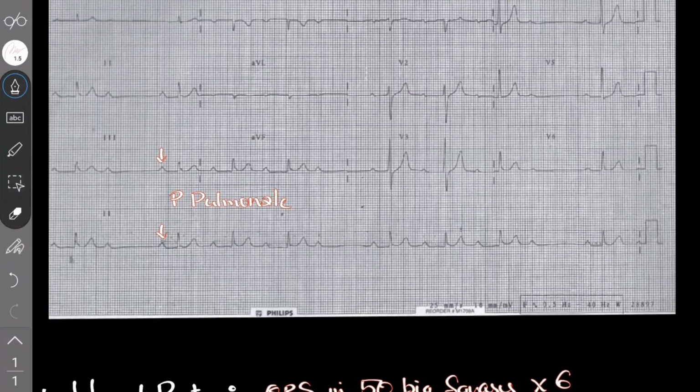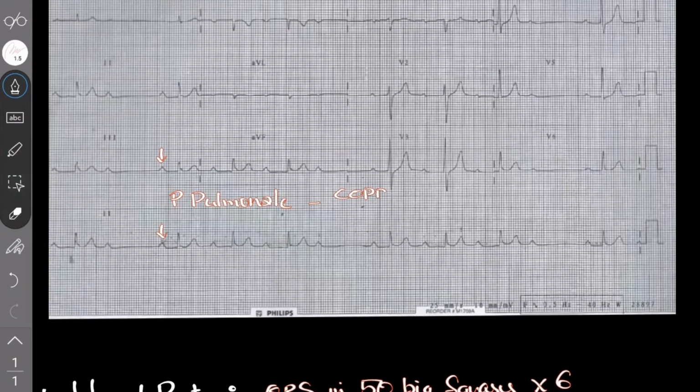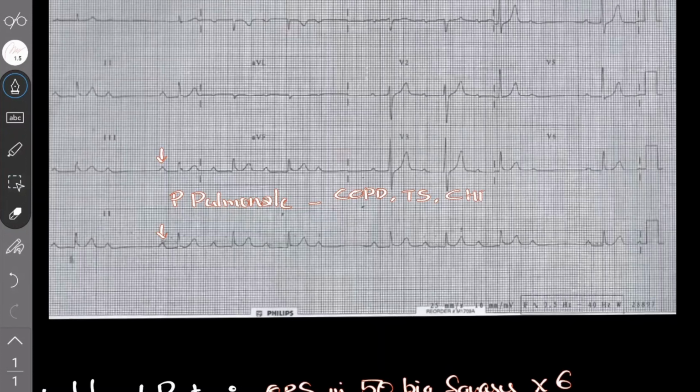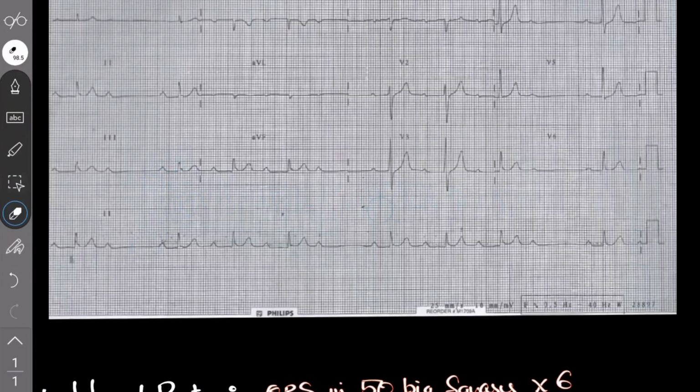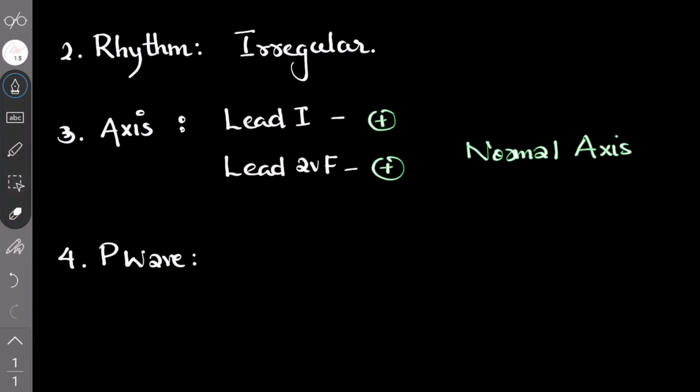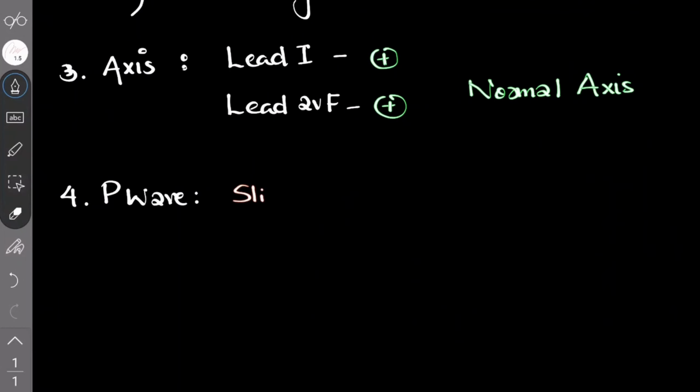P pulmonale can be seen in many forms like COPD, in right-sided heart stenosis like tricuspid stenosis, or in congenital heart disease. Many are there, but we cannot clearly define it as one disease. So it's a slightly peaked P wave in 2 and 3.